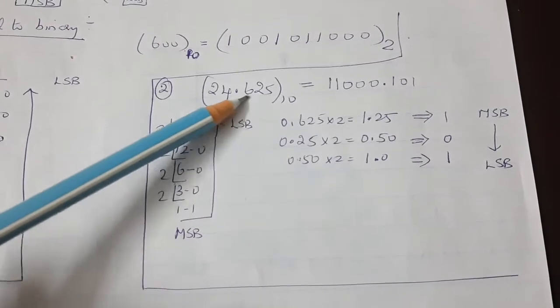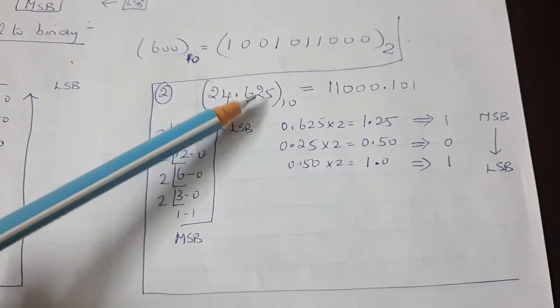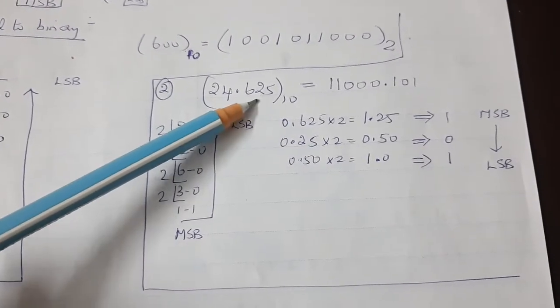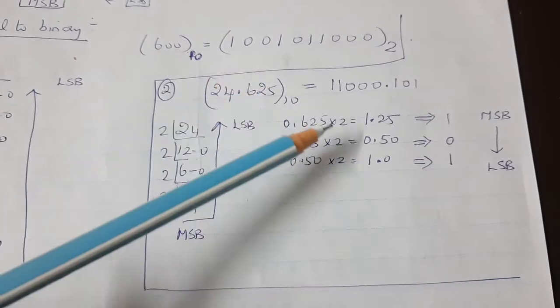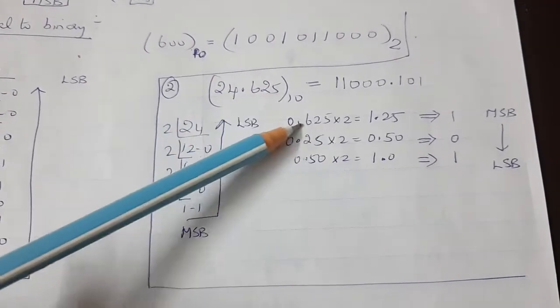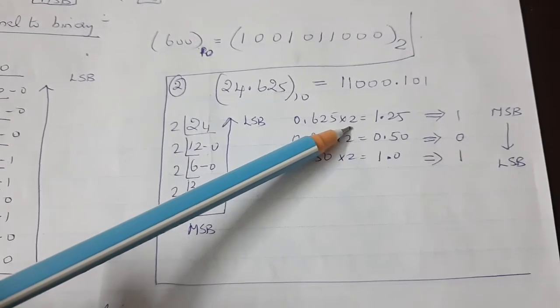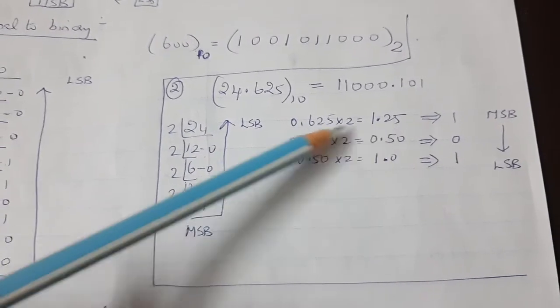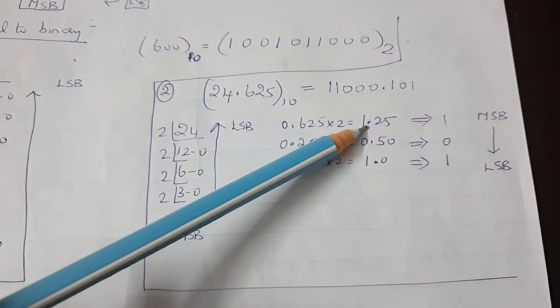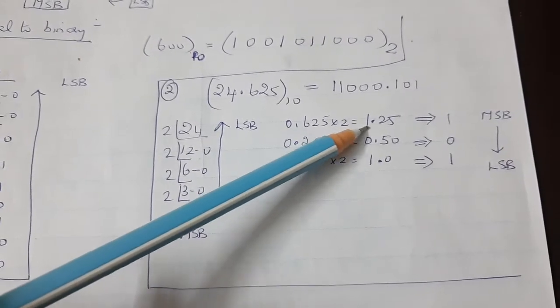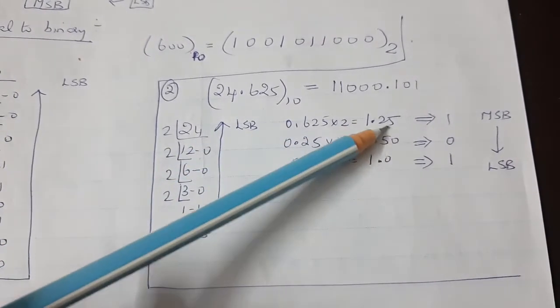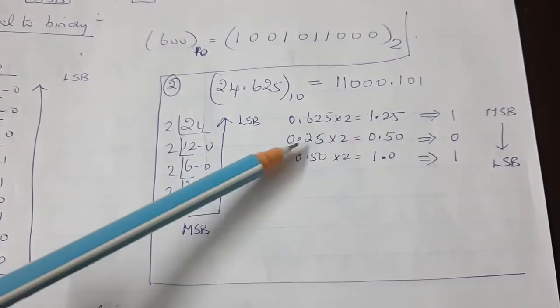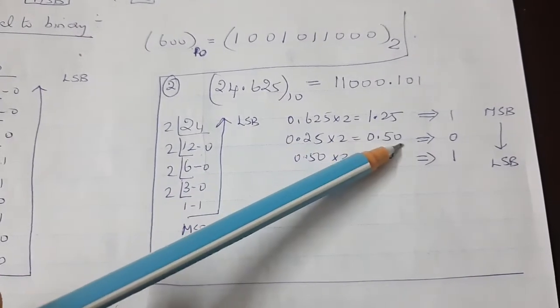Now we are going to take the decimal part. To convert this decimal part into a binary system, multiply by the binary base. First take 0.625 multiplied by 2. You get 1.25. Next take only the decimal part again and multiply by 2, giving 0.5.